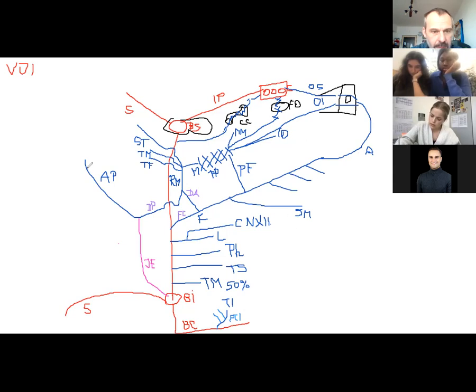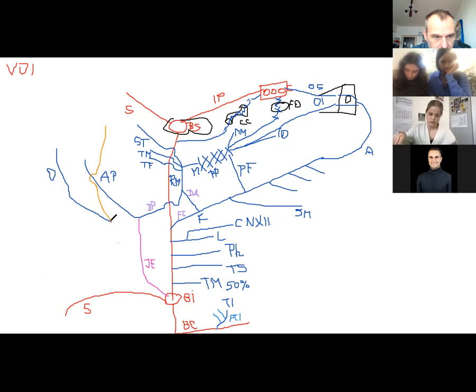So what do we miss? We miss the occipital. And the occipital drains into the vertebral. And you know that the vertebral drains into the brachiocephalic.